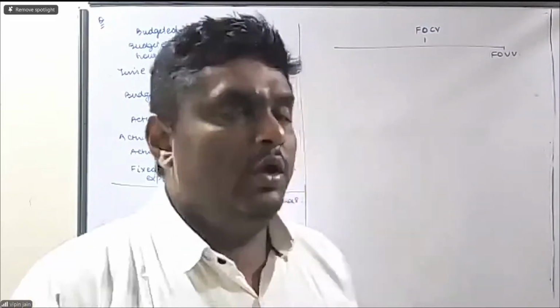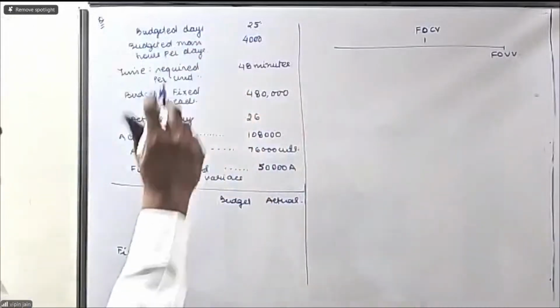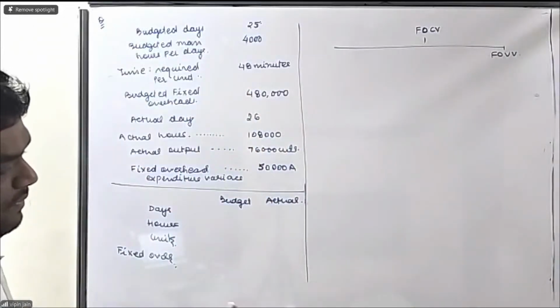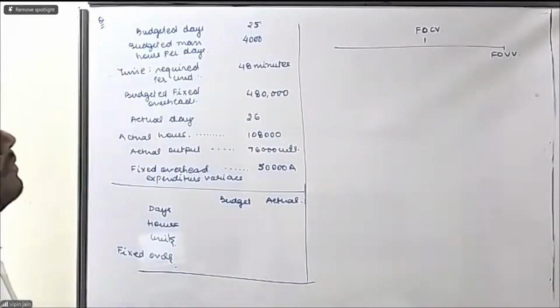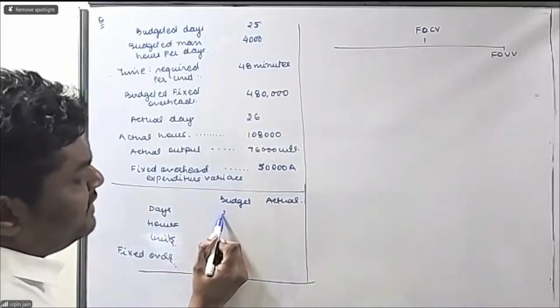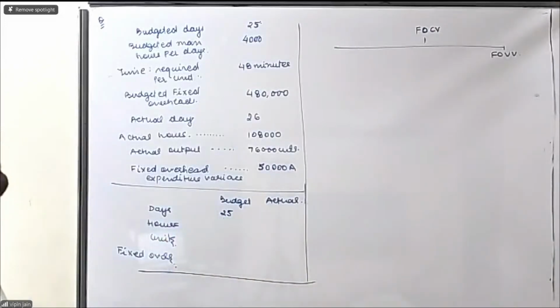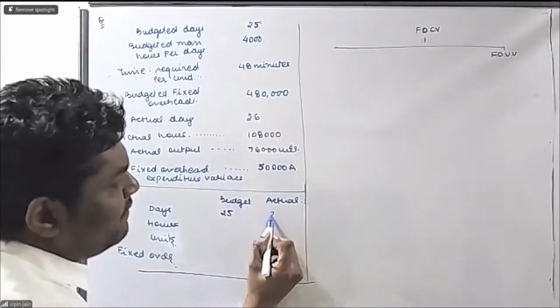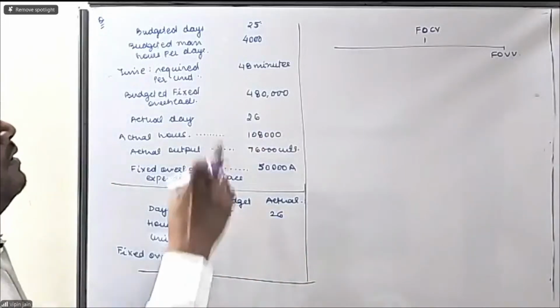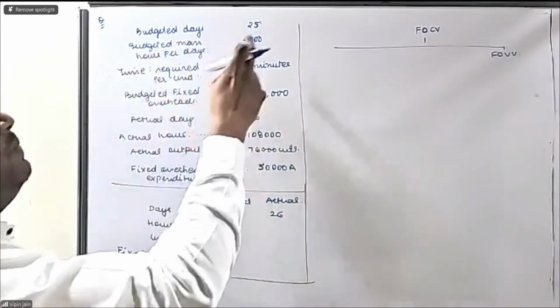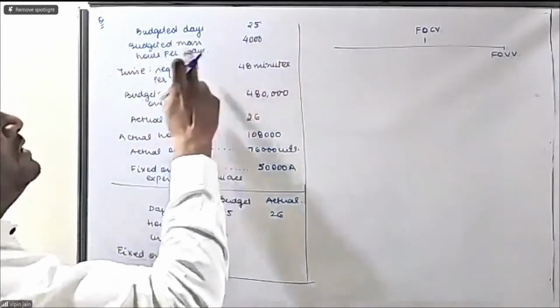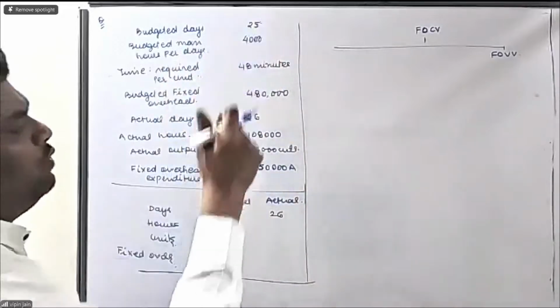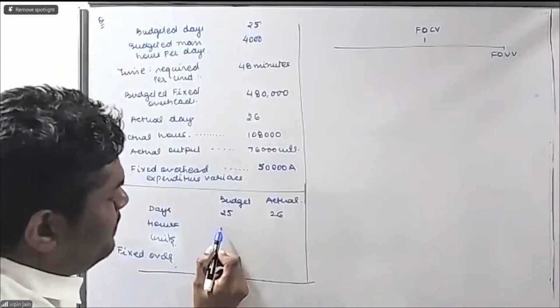Yes, guys. So herein the key is what? See, the budgeted days are given, that is 25. Actual days are given, that is 26. Budgeted man hours per day, see, per day it is 4,000. So the total number of days are 25, so this will be 1 lakh.